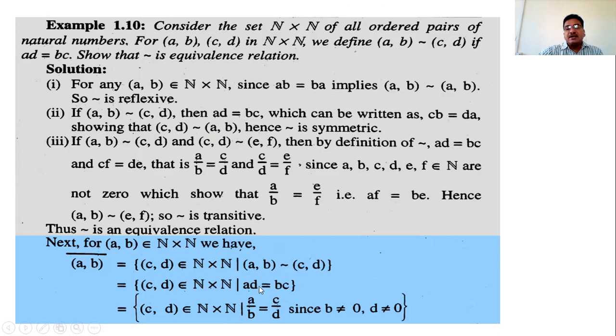So what is CD related to AB? If AD is equal to BC, and AD is equal to BC means A by B is equal to C by D. If this happens, then the two elements are related. So this is the set of elements from N cross N satisfying this property, A by B is equal to C by D. So this is the equivalence class of AB.